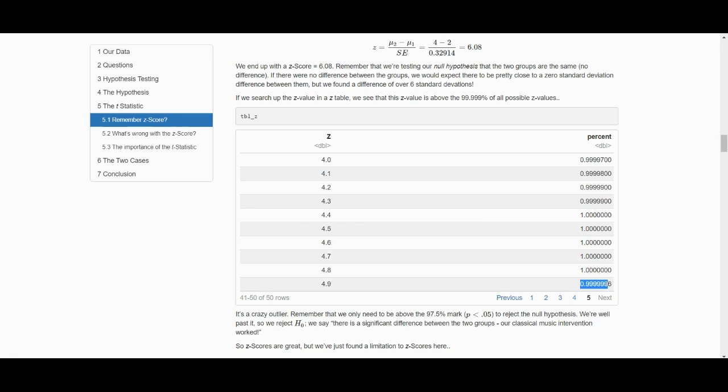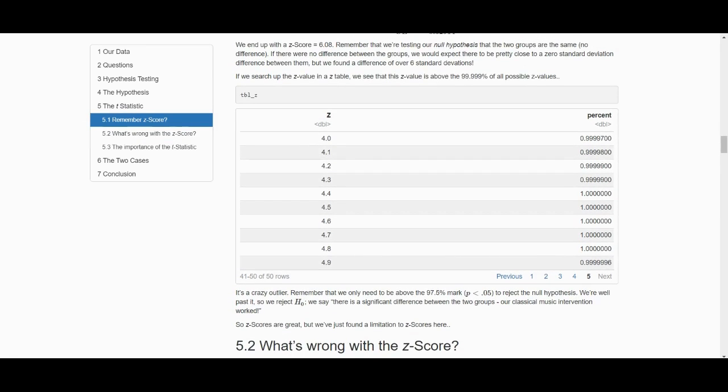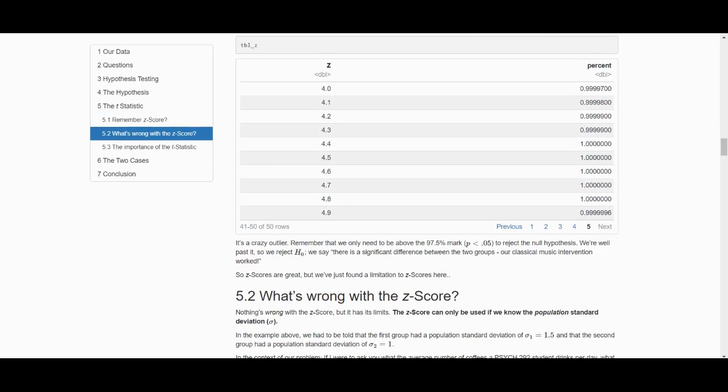If our z is 4.9, then this is actually the percentage. So a z of 6.08 is surely much higher. Therefore, this z-value is much above 99.999% of all possible z-values. So it's a crazy outlier.